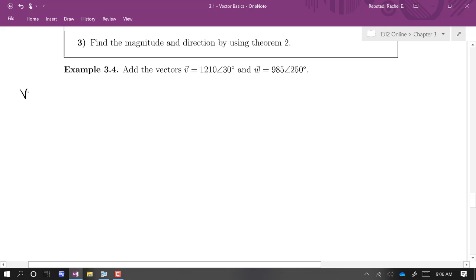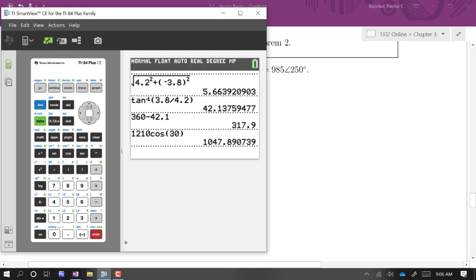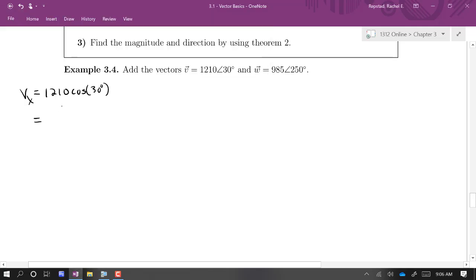So let's find our components. We'll work with the v vector first. So magnitude 1210 times cosine of 30 degrees. That's 1047.89.